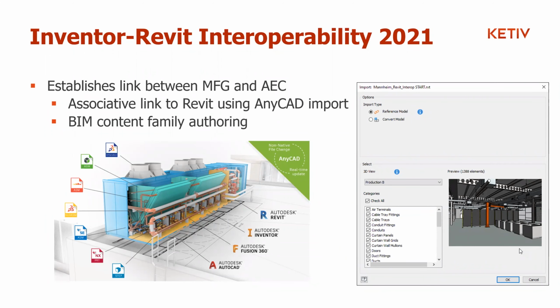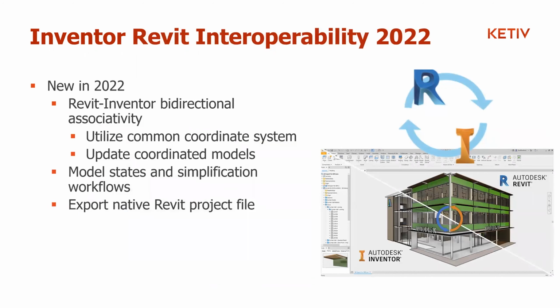What Autodesk has done in 2022 is they're really closing the gap between these two. They have this true bi-directional associativity happening between Revit and Inventor. I did mention Revit was able to be brought into Inventor previously, but now in Inventor, you can natively export out a true Revit project file.